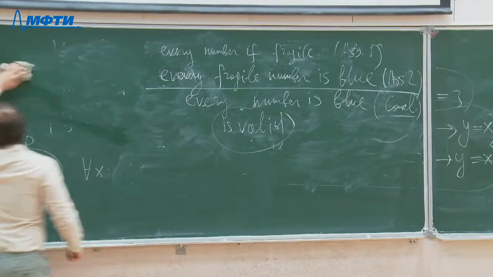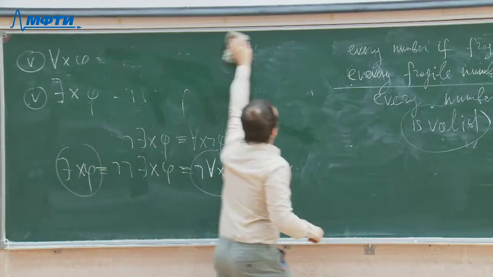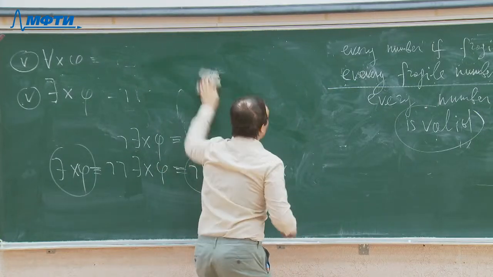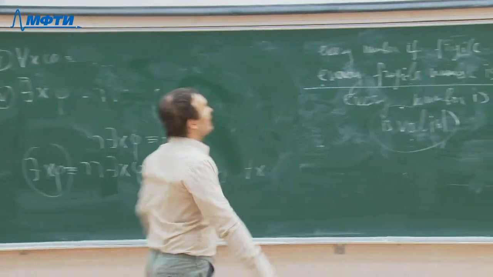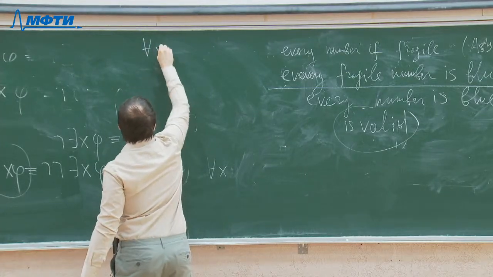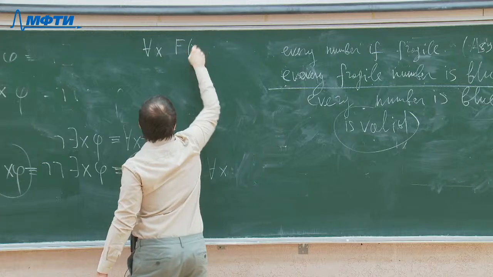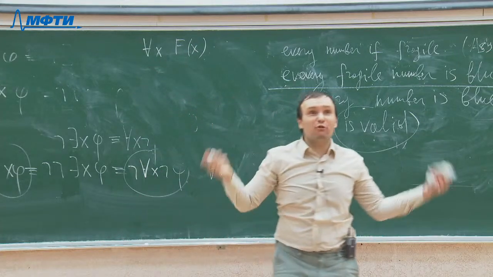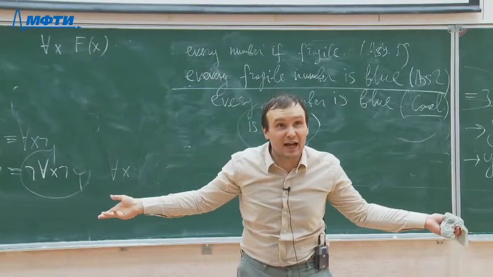Let's formalize it. Let's put it into symbols. Every number is fragile. How can I put it into symbols? For each x, f of x, where f of x means that x is fragile.